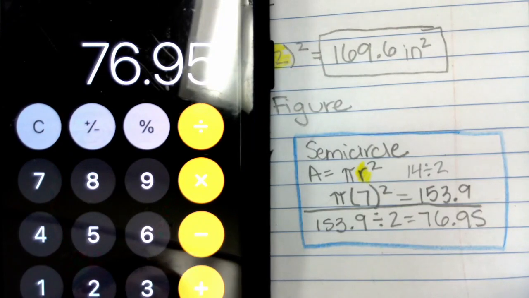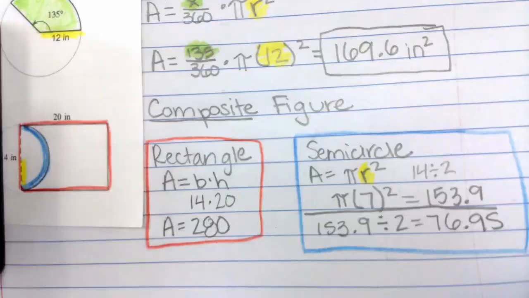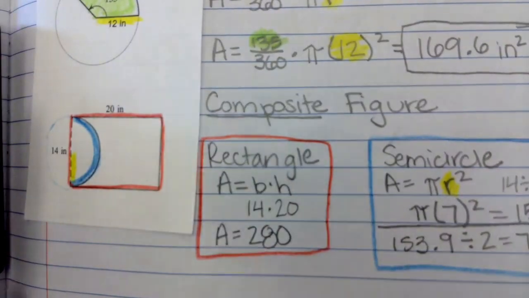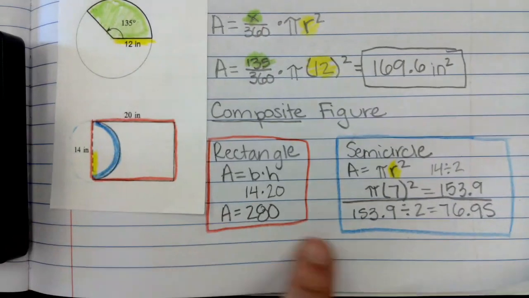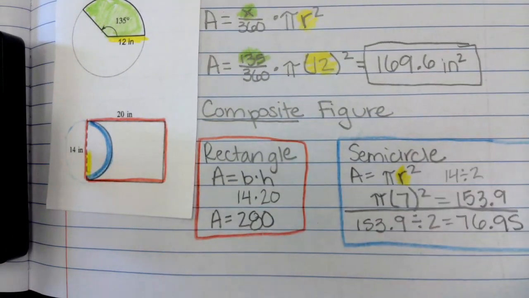So which one do I start with? Yep, 280. Good. We start with that rectangle. And then we're going to take away that semicircle. So am I going to take away 153.9 or 76.95? Good, 76.95.